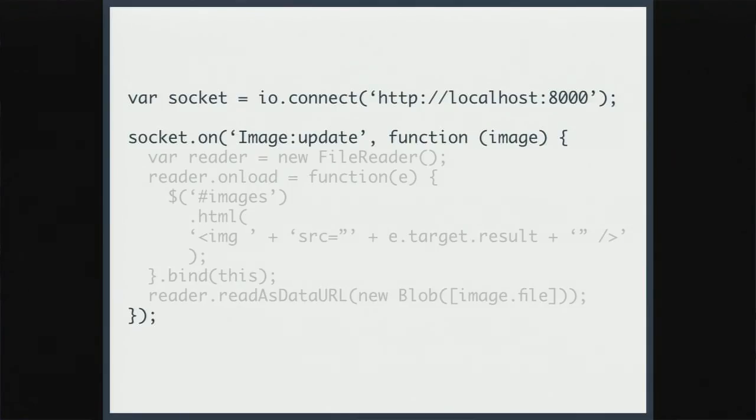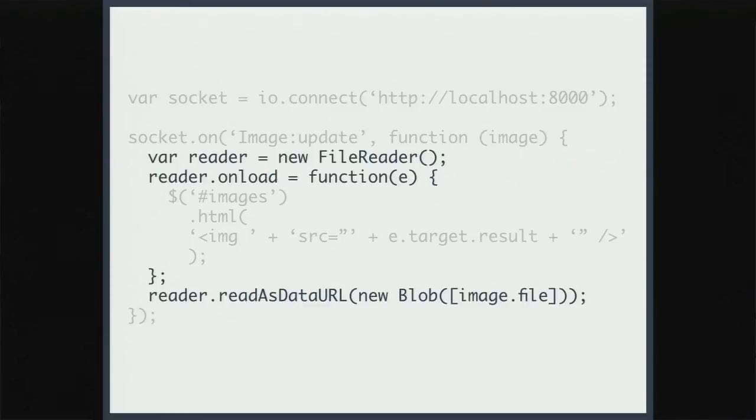Once the client, our browser, gets this new image, we now need to read that file. We can't just create a new element and pass it that image.file. We read that file using a file reader and turn it into a base64 string. A base64 string is basically nothing more than a binary file represented as a string that we can actually use in the browser.